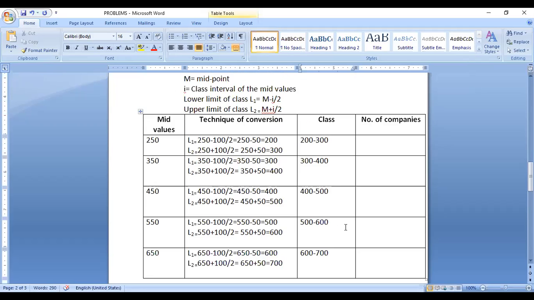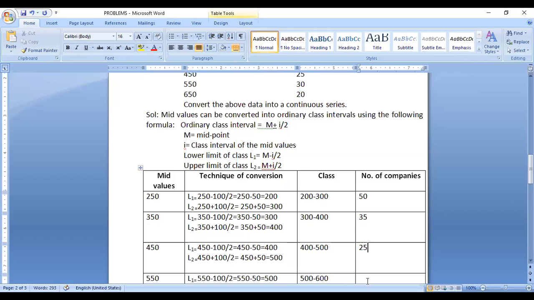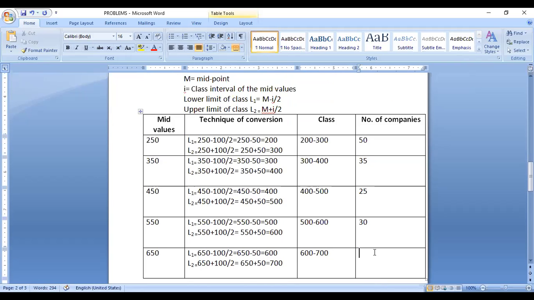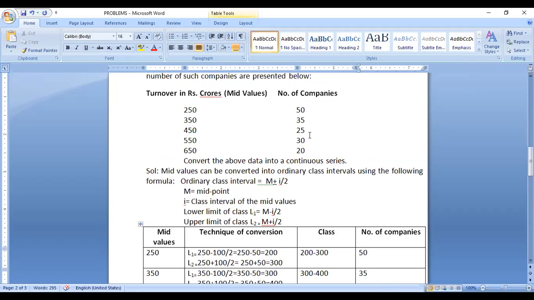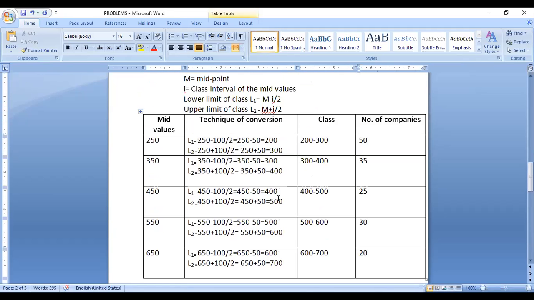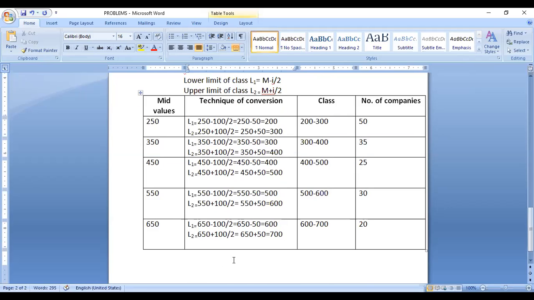In this way, we have to convert. So number of companies 50, 35, 25, then 30, and lastly it is 20. As it is, so from mid values, we are able to construct classes in this way.